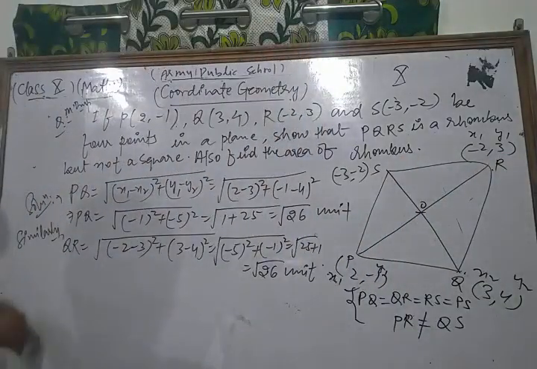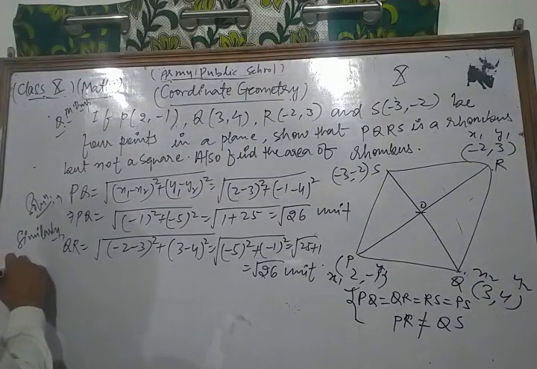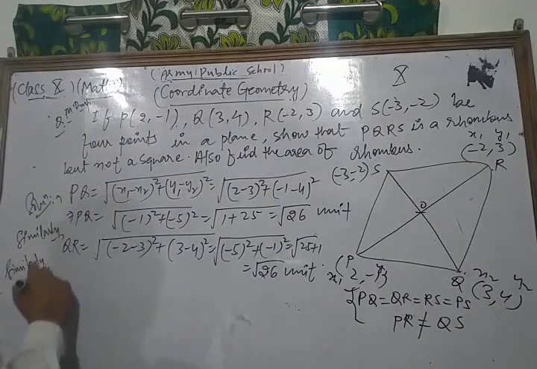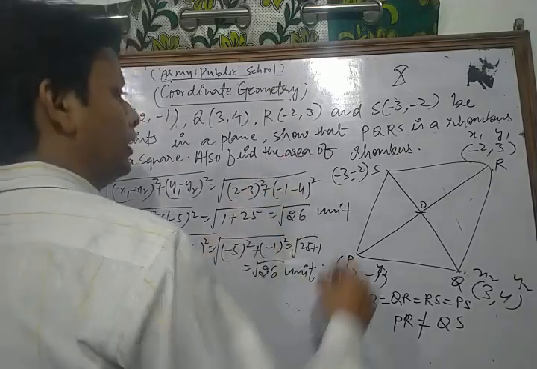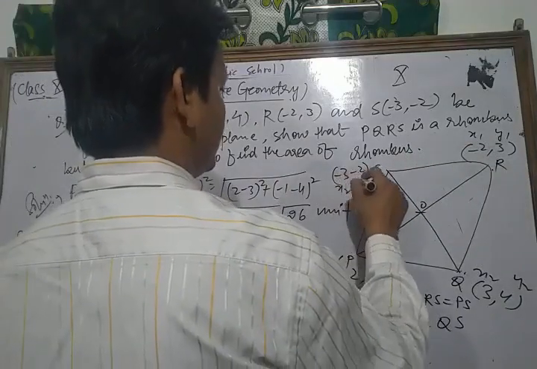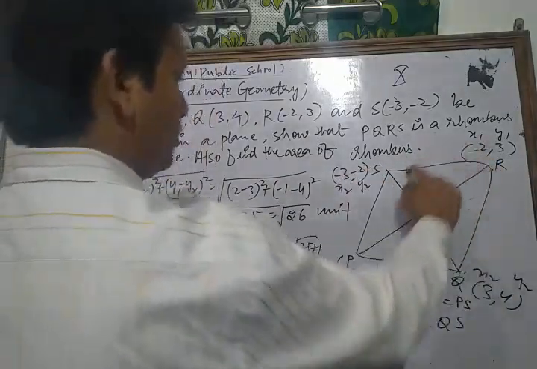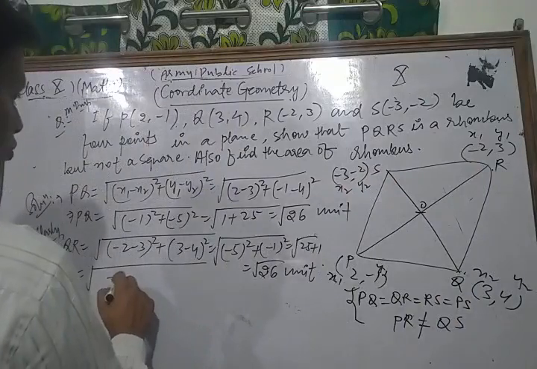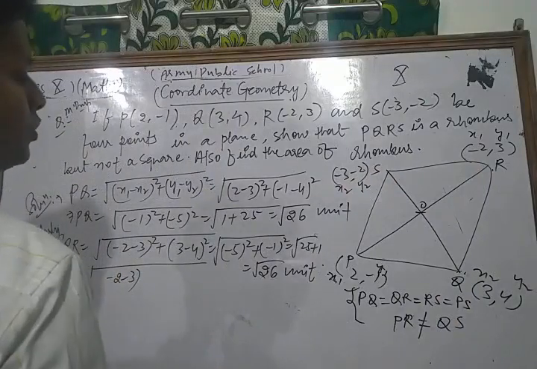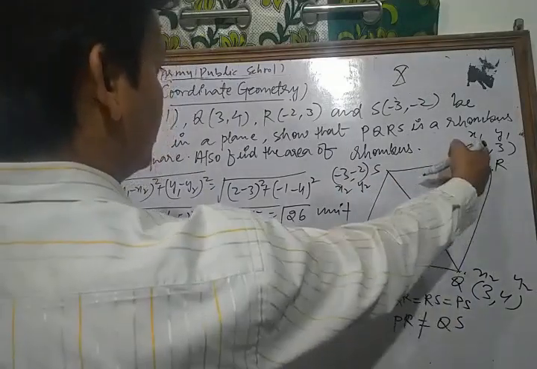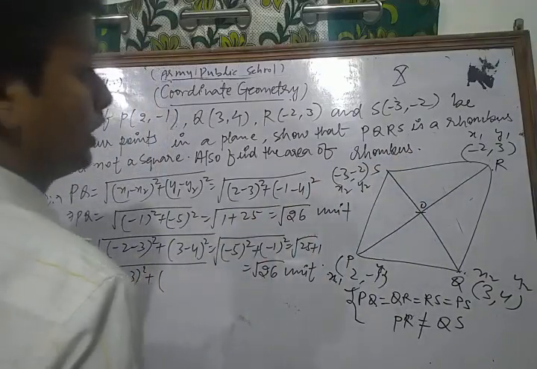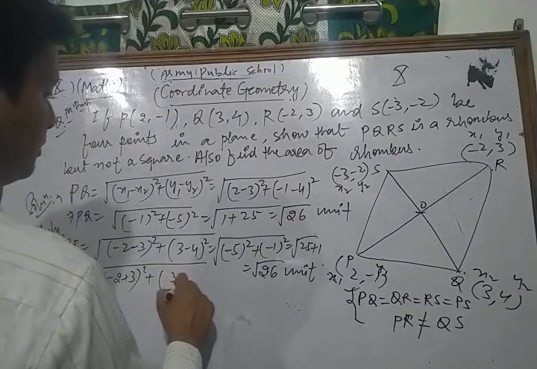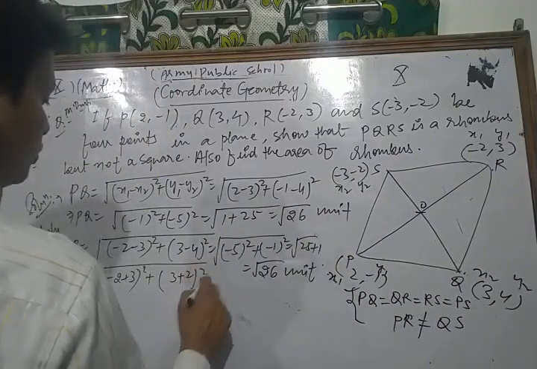Similarly, we find distance RS. Apply the same formula. Now take x1 y1 and x2 y2. Now x1 minus x2 is -2 minus (-3), that is plus 3 whole square plus y1 minus y2, this is 3 minus (-2), plus 2 whole square.